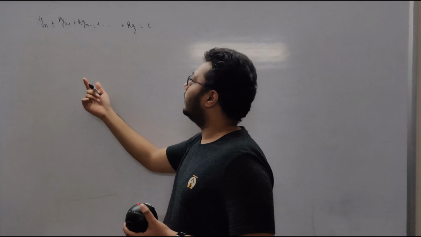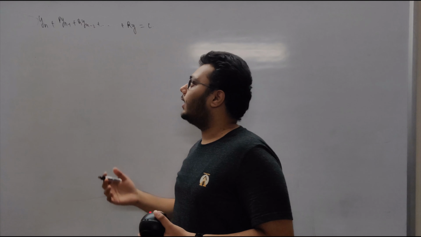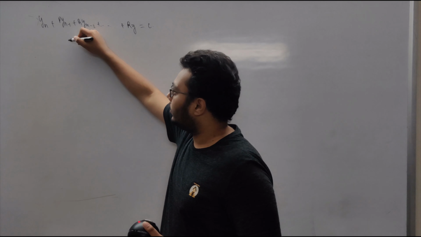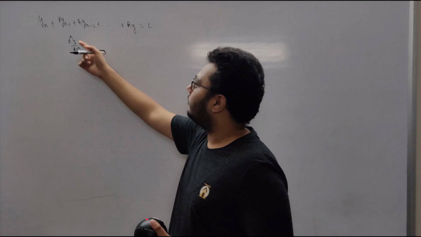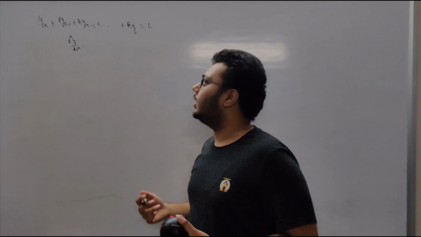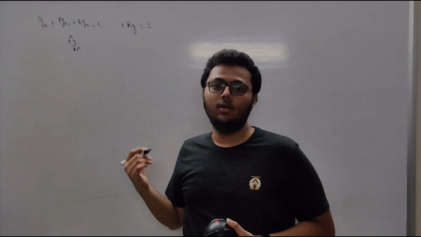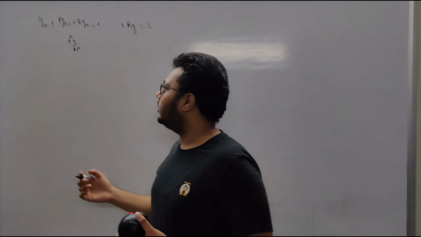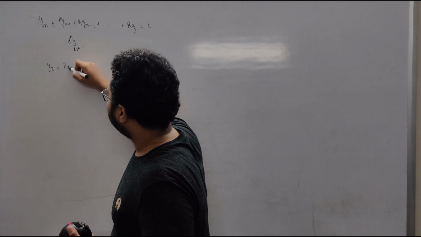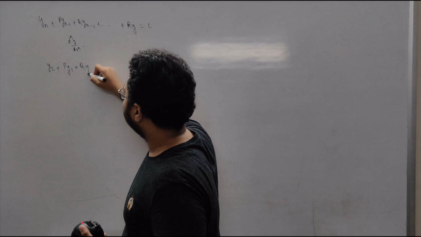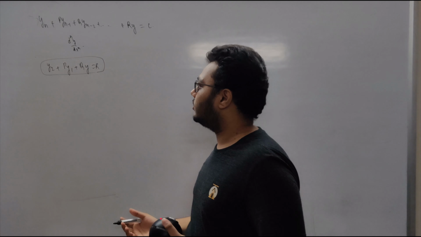Now p, q, r and c all are functions of x, and y^(n) is d^n y / dx^n, and similarly y^(n-1) is d^(n-1) y / dx^(n-1), and so on. So a second order linear differential equation looks like y2 + p y1 + q y = r. This is how a second order linear differential equation looks like.